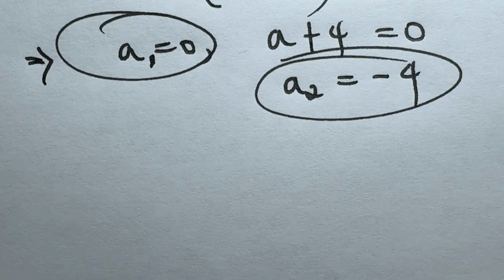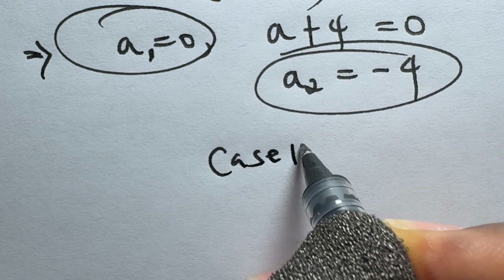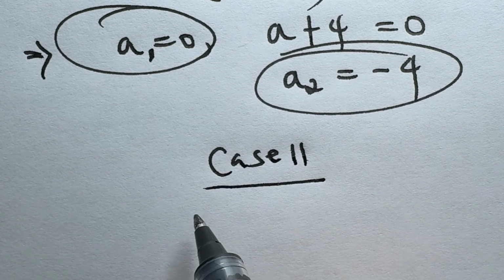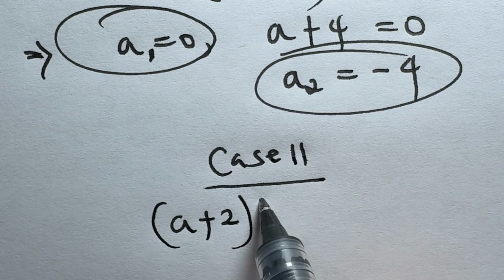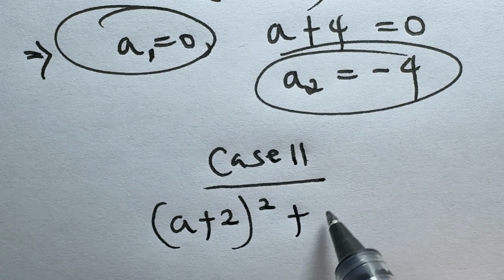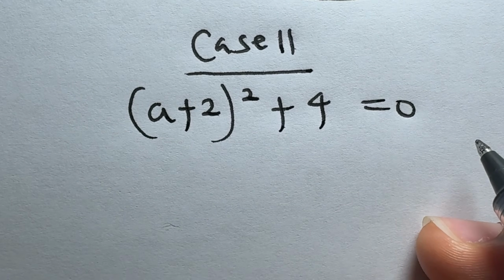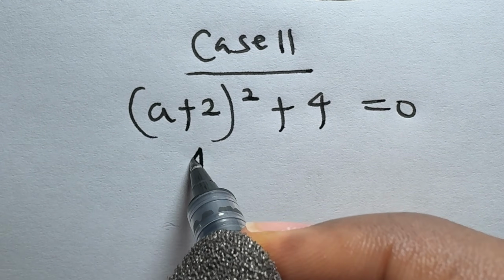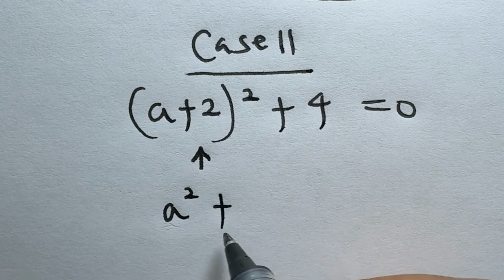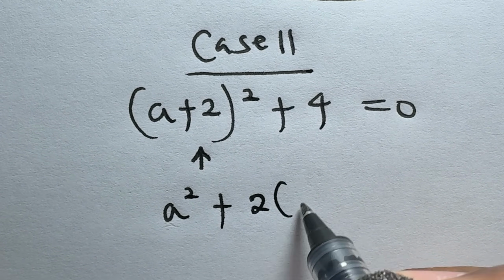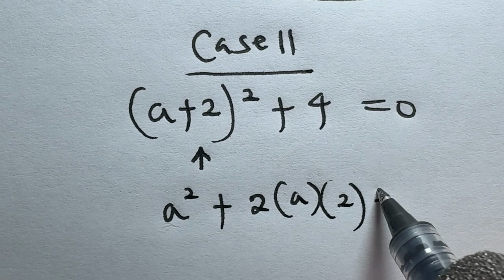And now for case 2, we have (a + 2)^2 + 4 = 0. I'm going to expand this. This will give us a^2 plus 2 times a times 2, then plus 2^2.